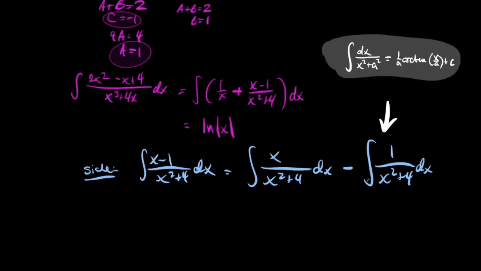So a is 2, x is just x. So this part's not so bad when we figure that out. So it's going to be minus, and then we would have 1 over a, so 1/2, arctan, we can write it as arctan or tan to the -1, whatever you prefer, and then x over a, so x over 2.